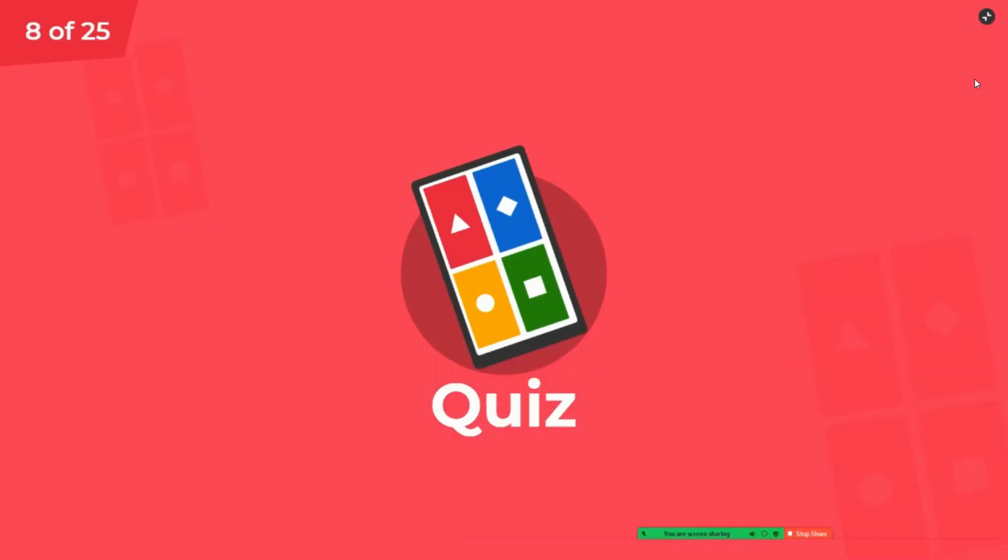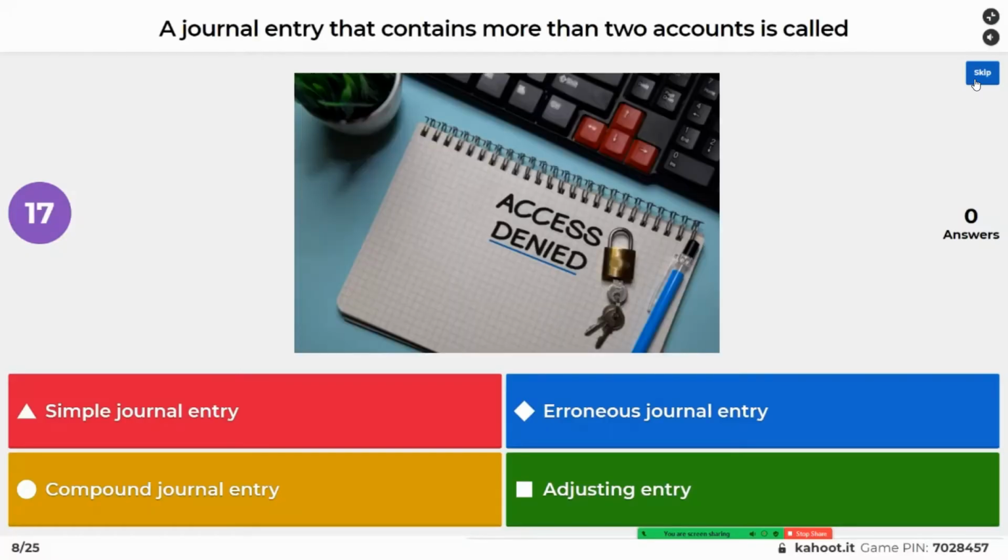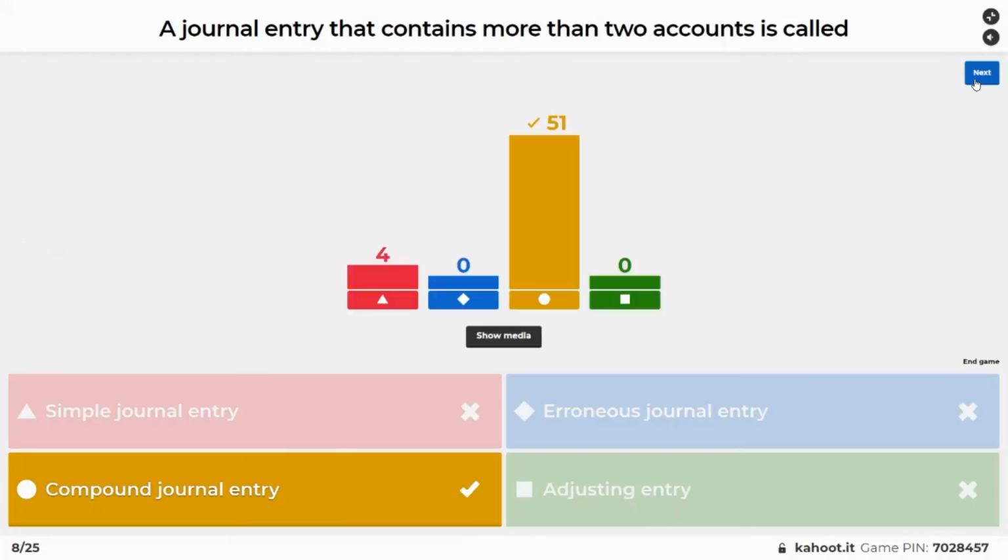Okay. Moving on to question number 8. A journal entry that contains more than 2 accounts is called. Uy, mayabang, mabilis kayo dito ha. Okay, so very good, no?